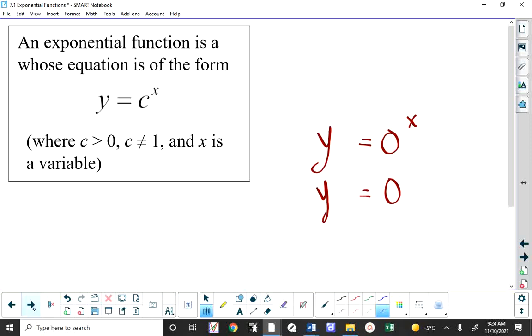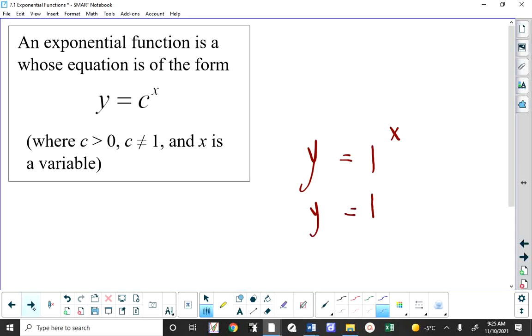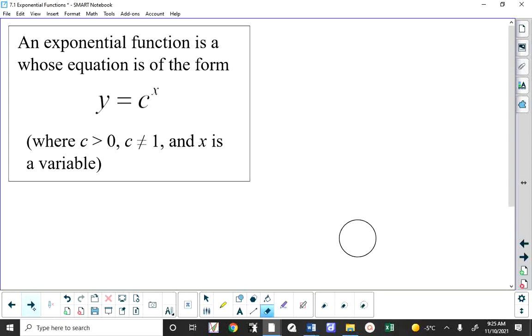If the base was 1, then you would have 1 to the x, but 1 to any power is always 1. So you're left with, again, a constant polynomial function. That's not exponential.